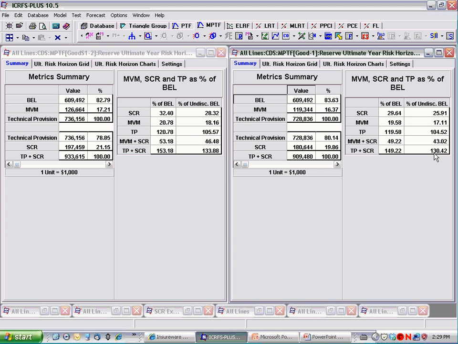Actually, these differences will be greater if we lower the percentile, because we're at the 99.5 percentile, which is pretty extreme. And again, LOB3 is the largest LOB. The other LOBs are smaller.